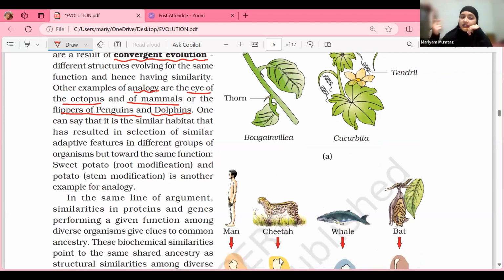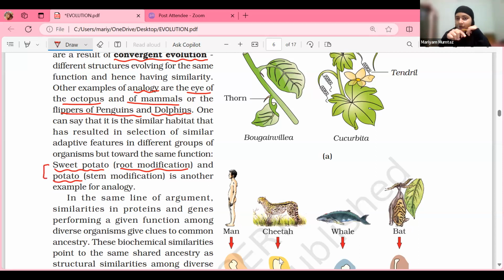Now, another example in the case of plants: sweet potato. The sweet potato that we eat is a root modification, and the potato that we eat is a stem modification. So one is coming from the stem, the other is coming from the root. But do you know what is the similarity between them?